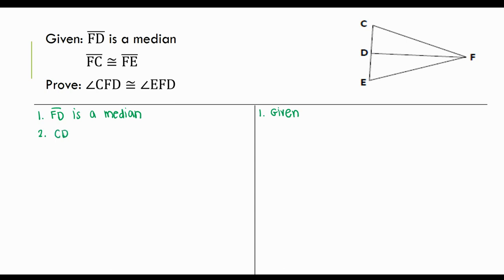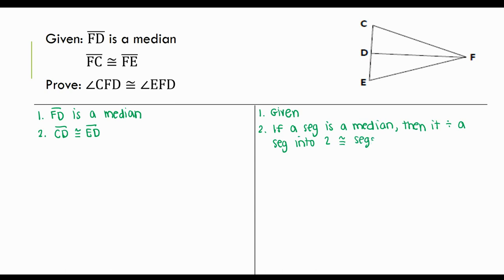So that means that if D is the midpoint, segment CD has to be congruent to segment ED. And that's because if a segment is a median, because that was what was given to us, then it divides a segment into two congruent segments.